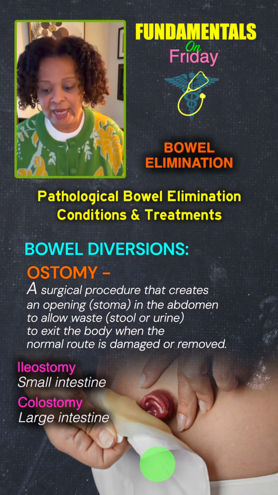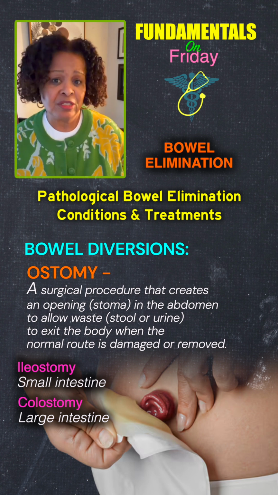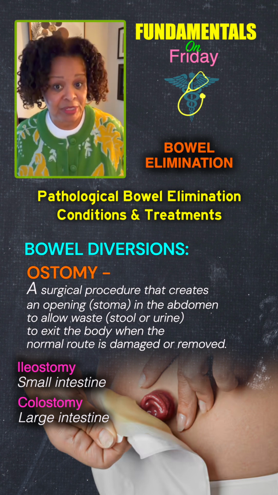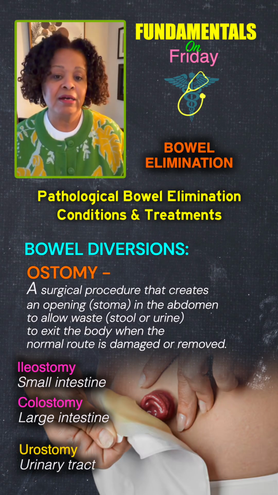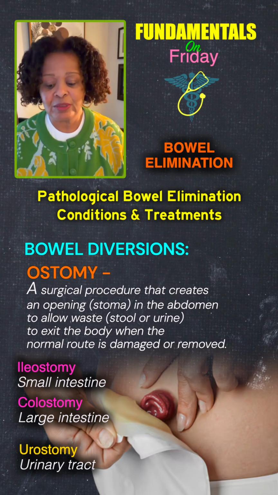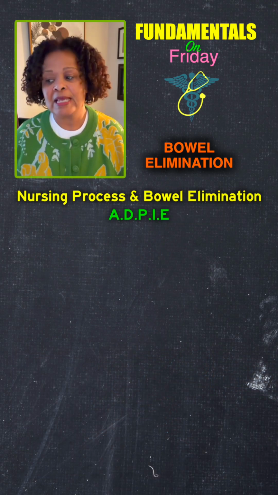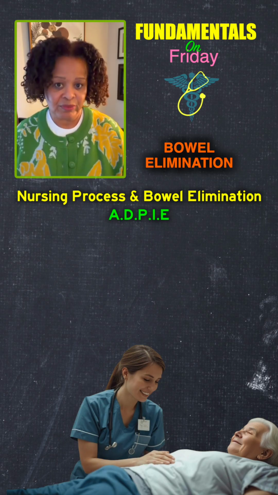That person is taught how to empty it and how to manage the skin care around there, because we can only imagine how irritating GI gastric juices can be. We never want gastric juices to be on our skin because it will make it very irritating.